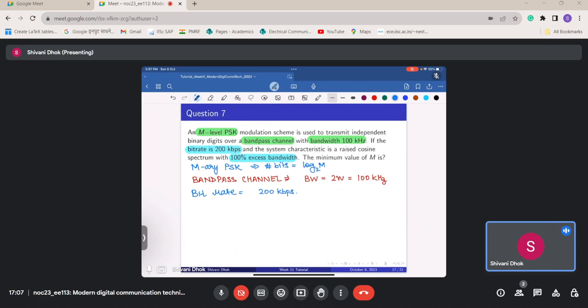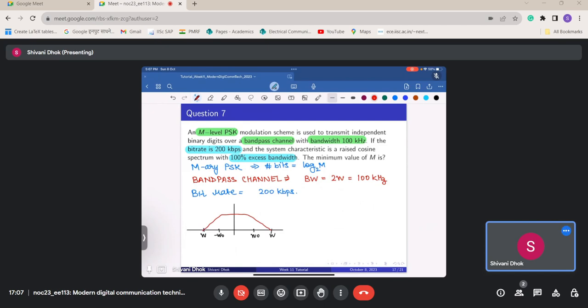So this 100% excess bandwidth means your R is equal to 1. So how to conclude that? If we look at this raised cosine spectrum, this is your W naught and this is your W, this is your minus W naught and this is your W, and we have it something like this. Okay, let me draw it nicely. Yeah, we have it something like this.